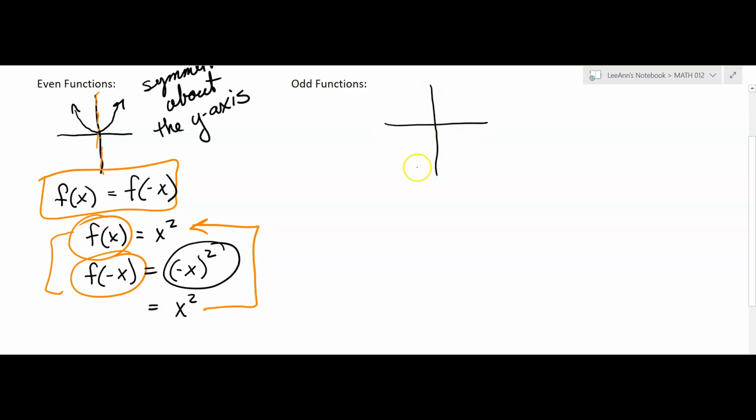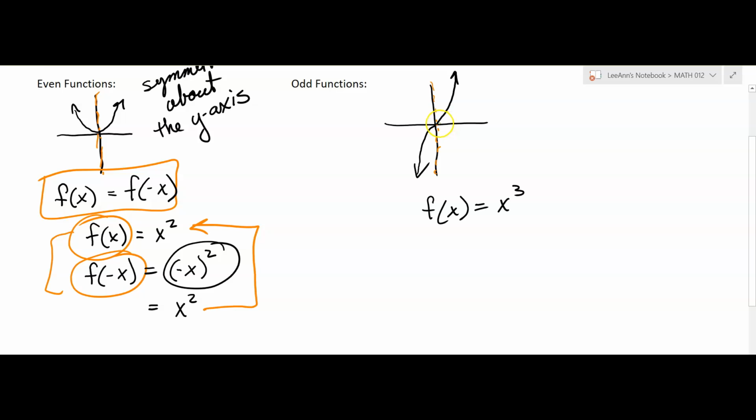So an example of an odd function is the cubic function. So, f of x equals x cubed, okay? Now, the symmetry here is a little bit different. Pretend like you're taking your paper, your graph, and you're folding it along the y-axis.